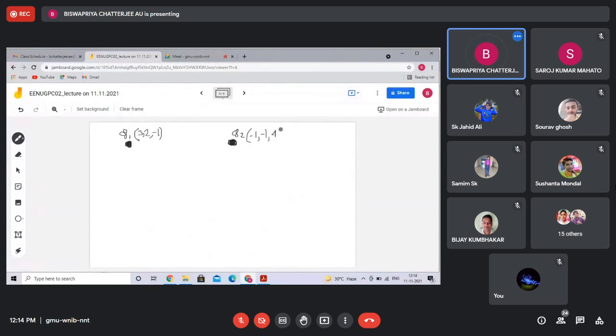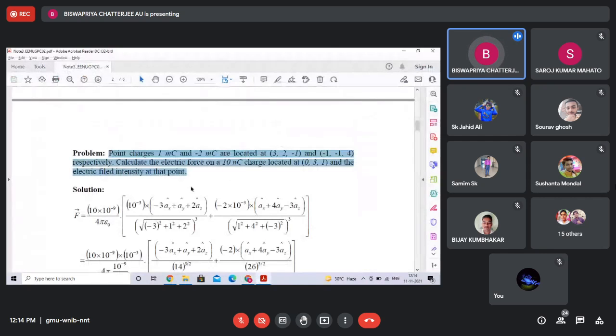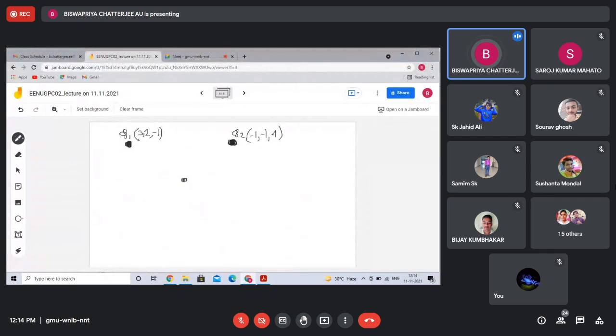The next statement is to calculate the electric force on a 10 nanocoulomb charge. Let us say this is the 10 nanocoulomb charge, located at 0, 3, 1. So this is the position.